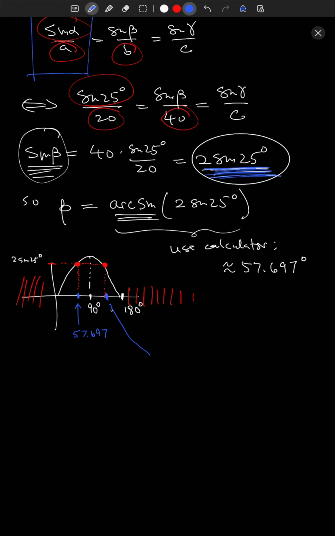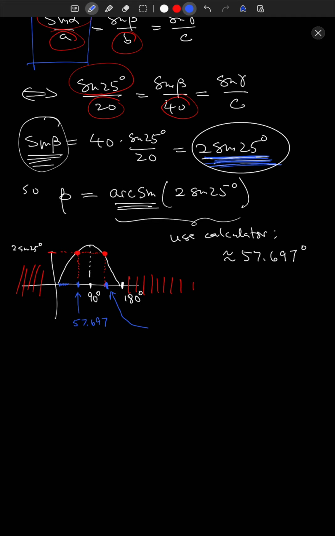So this guy right there, what is that? Well, this is where the solving of the sine and cosine equations come in. If I look at this guy right there, it's 57.697, right? Then that 57.697 represents this length right there. Because of the symmetry of sine, that's the same as this length right there.